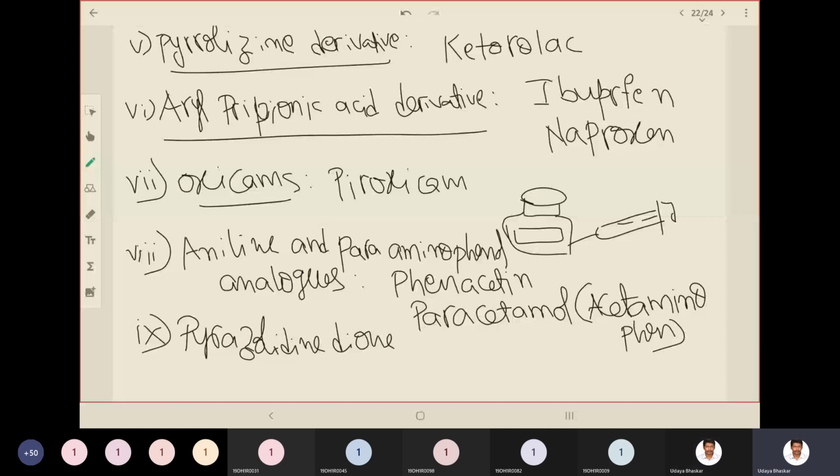Examples are antipyrine and phenylbutazone. You might have seen this in your laboratory if you have performed any assays. So this is the classification of anti-inflammatory agents. With this we conclude today's session, and we'll discuss the remaining in the next session.